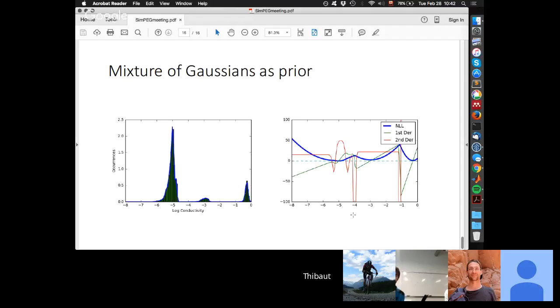So now in the inversion, in the eval function, the regularization evaluates the negative log likelihood and the gradient and Hessian of the negative log likelihood. Okay, nice. Yeah, that's good. So it's inside the SimPEG framework to give the descent direction. Nice.